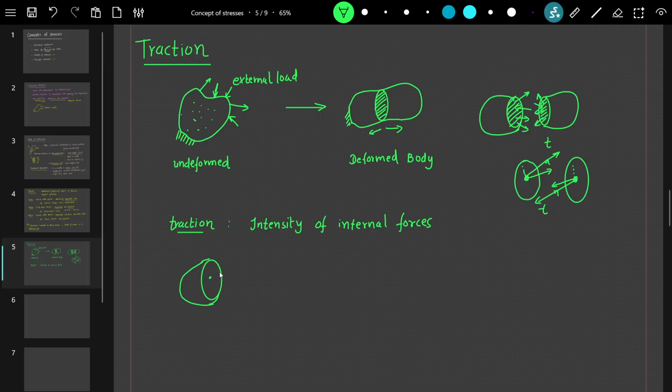Let's recall our assumption from continuum mechanics. We said that at the macroscopic level it is a point, but when we zoom into it, at the microscopic level, we can define a finite size of that particle or point. So at the microscopic level, let's take the size of this as delta A. Delta A is an infinitesimal area.